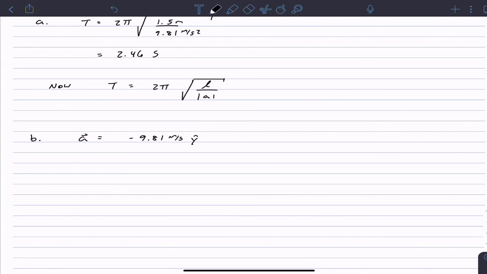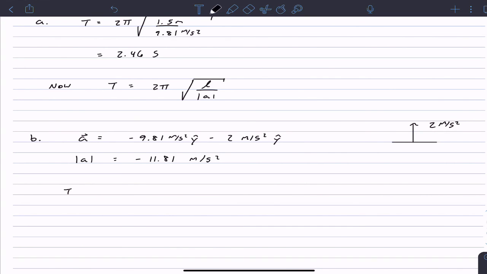And we're told that this elevator is also accelerating upwards at 2 meters per second squared, which means you're going to feel an accelerated force pushing down, right? So that's negative 2 meters per second squared in the y-hat direction. So now the magnitude of this is going to be 11.81 meters per second squared.